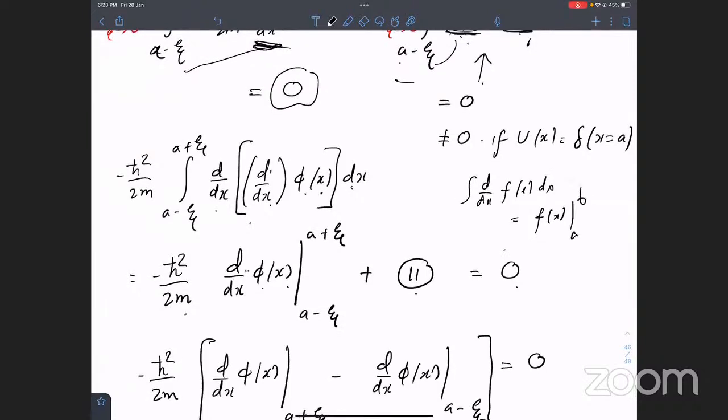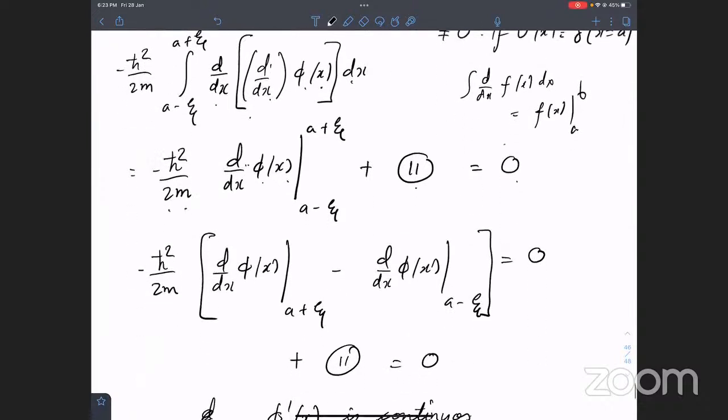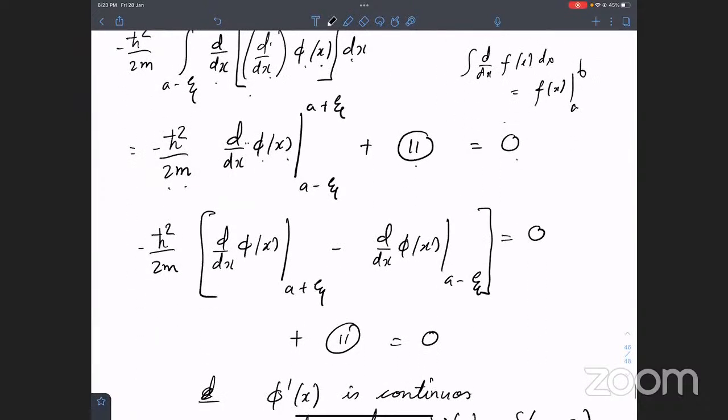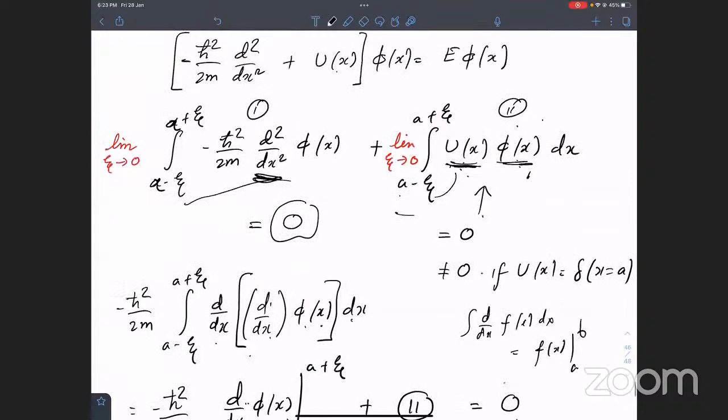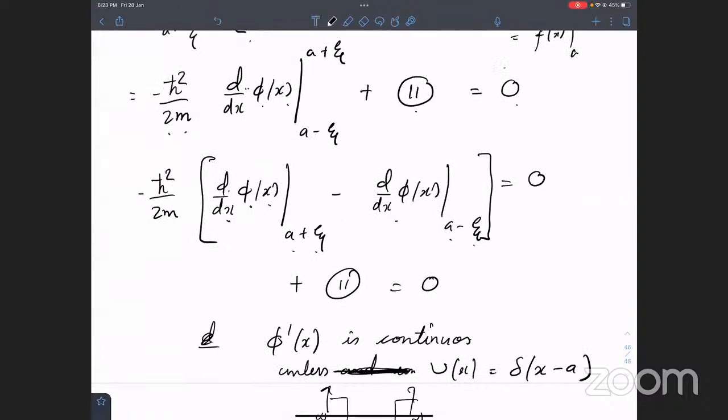So I can write the first term as minus h square by 2m times the derivative of phi at a plus zeta minus the derivative of the wave function at a minus zeta. And if u of x does not have any delta function, then both the second term and third term are 0. So we have proved that unless my potential has a delta at x equal to a, the derivative of the wave function is continuous.